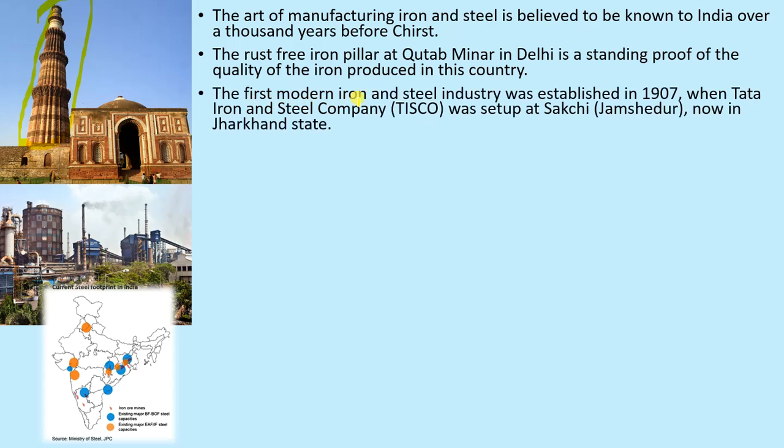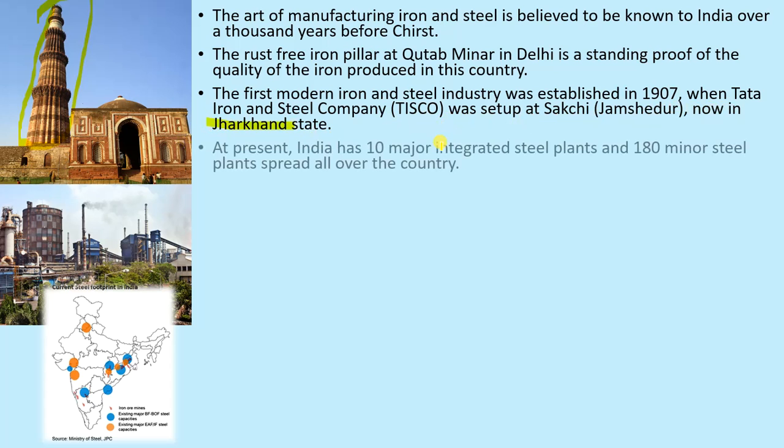The first modern iron and steel industry was established in 1907 when the Tata Iron and Steel Company, TISCO, was set up at Sakchi, Jamshedpur, now in Jharkhand state. At present, India has 10 major integrated steel plants and 180 minor steel plants spread all over the country.